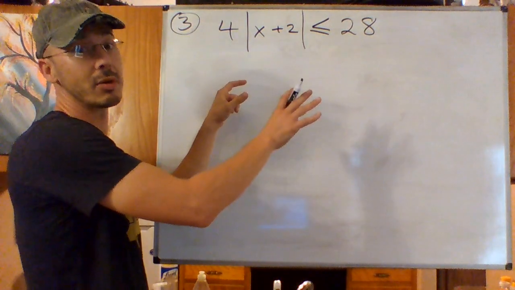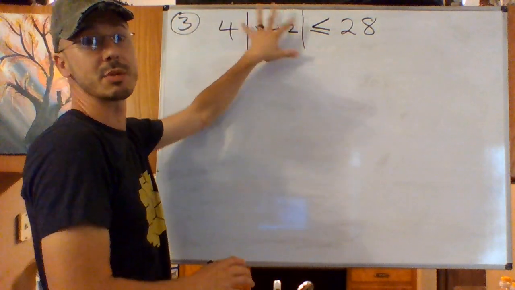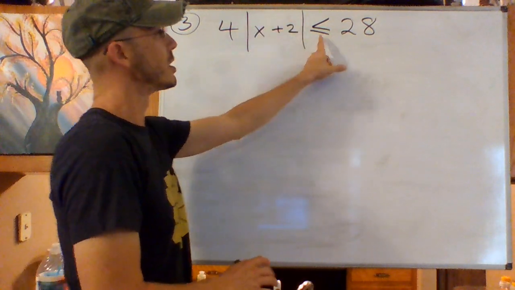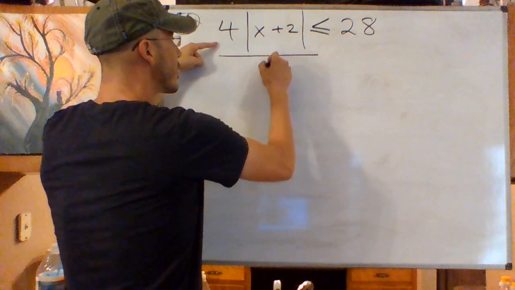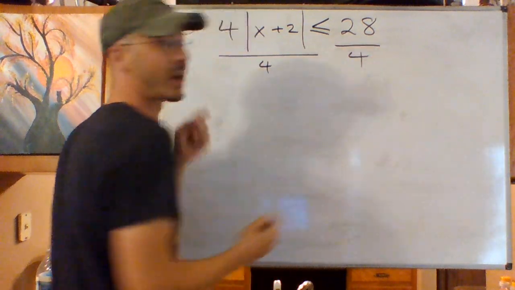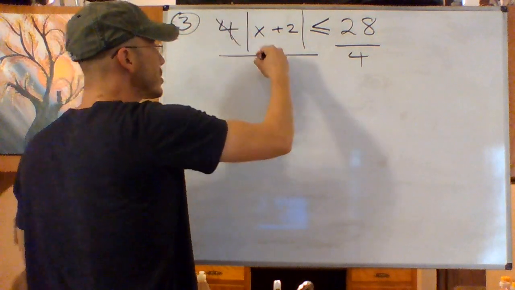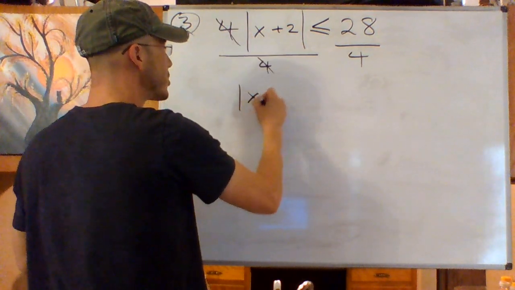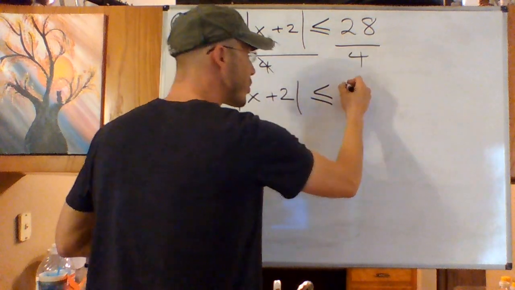To start with, though, it's 4 times the absolute value expression less than or equal to 28. And I can get rid of that 4 by dividing both sides by 4. It balances just like an equation. Those cancel. I get absolute value of x plus 2 is less than or equal to 28 divided by 4, which is 7.